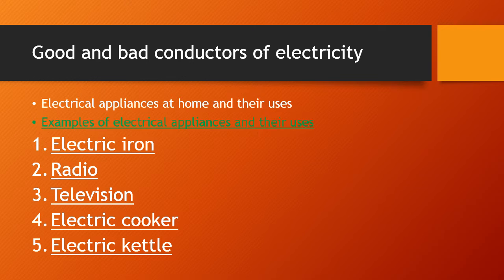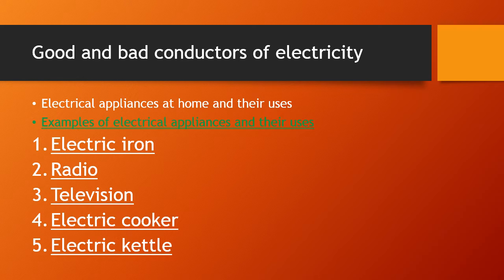Bad conductors or non-conductors of electricity are air, paper, rubber, plastic, wood, cloth, glass, cotton, string, and jug.